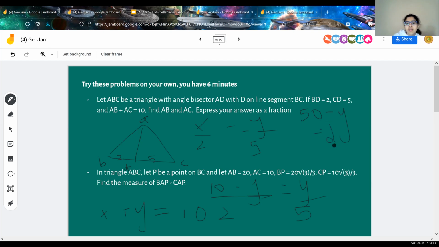So 3Y will be equal to 50, and that means 50 over 3 is equal to Y. And Y will be equal to AC. So that is AC. And then we know that they sum to 10. So that means, oh wait, sorry, oopsies. Okay, let me just undo that.